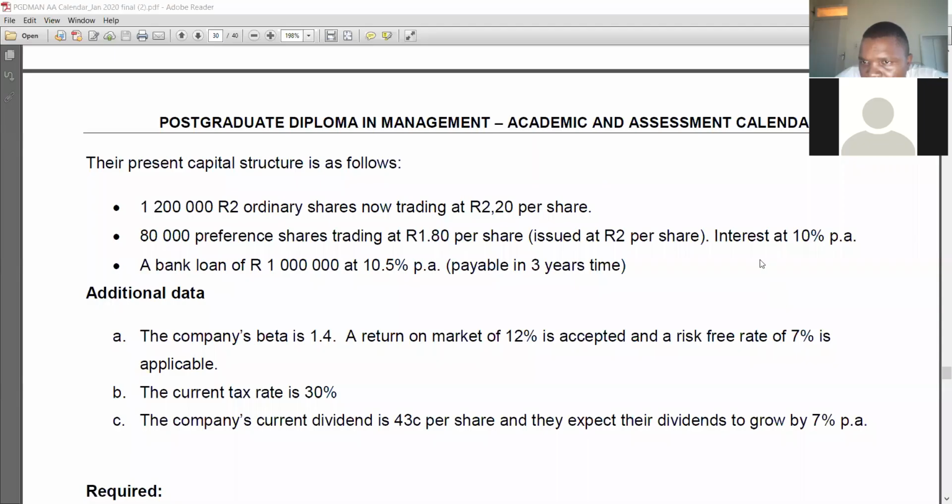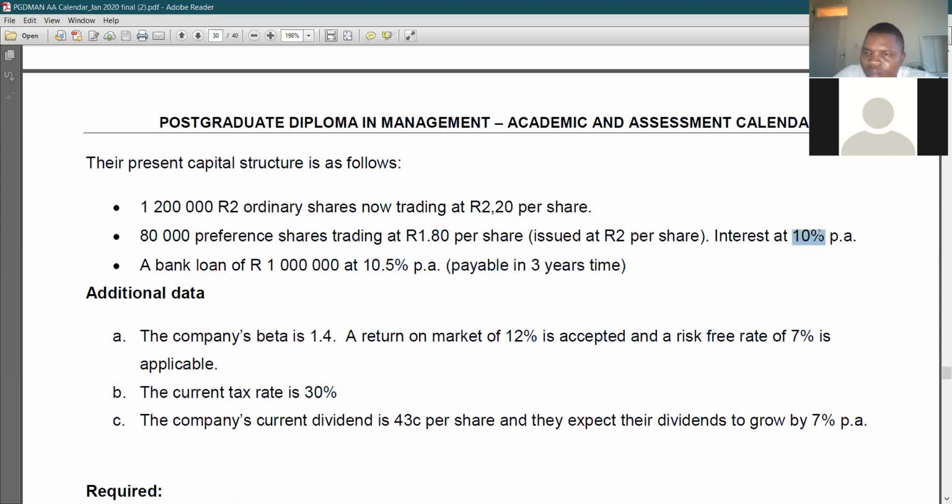So right now we are dealing with preference shares. You see, there is that interest per annum over there, which is 10%. That's another element that can guide you when you want to understand preference shareholding.